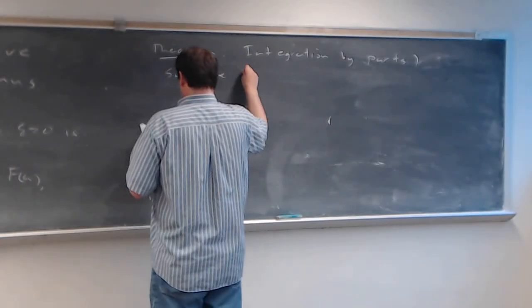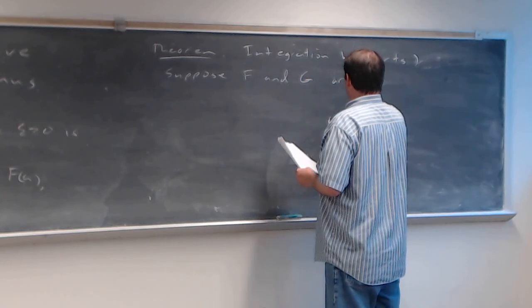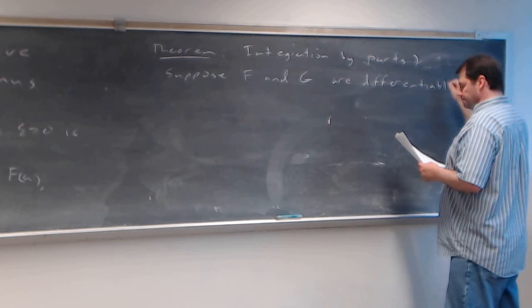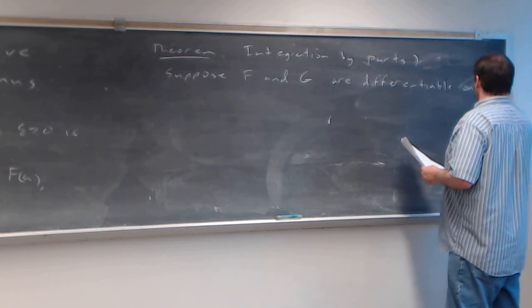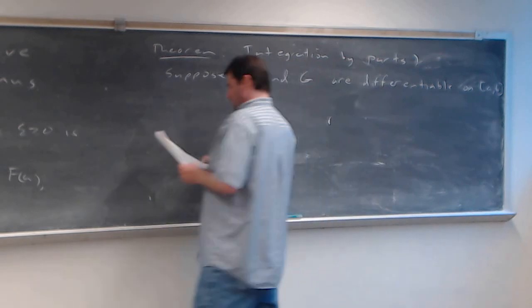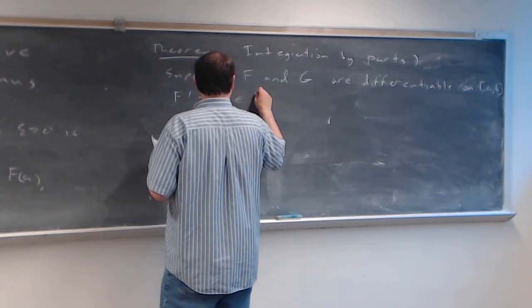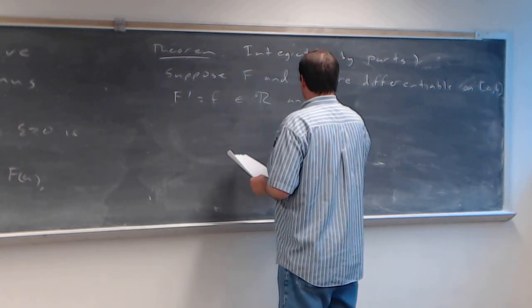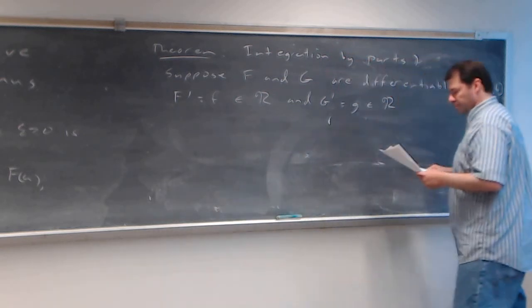Suppose big F and big G are differentiable on a to b, big F prime equals little f, and little f is Riemann integrable, and big G prime equals little g, which is Riemann integrable.